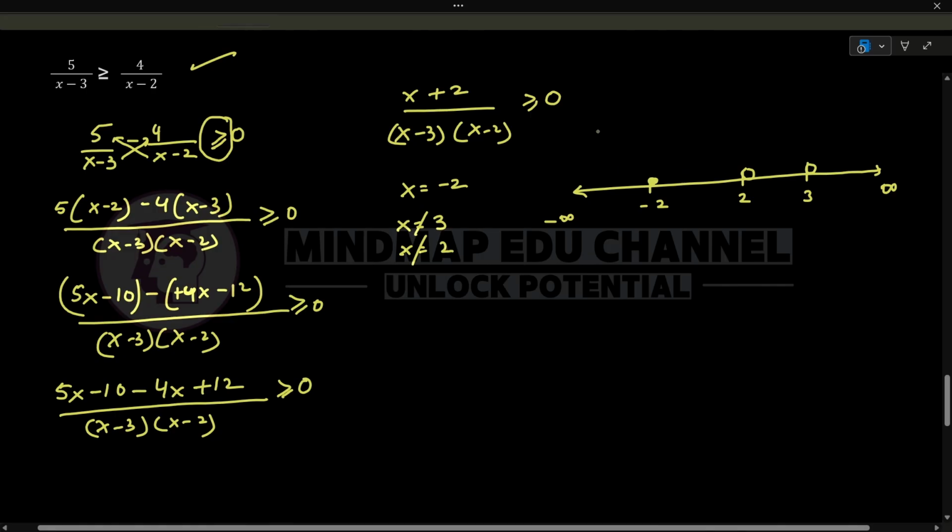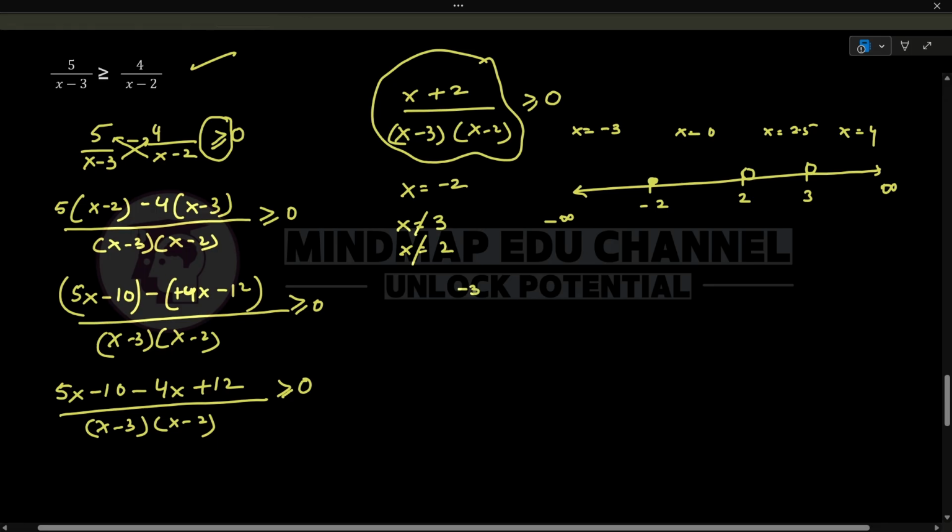Clear? Now let's check which section has positive or negative results. Here we will plug in a value less than minus 2, from here we will take 0, here we will take 2.5, and here let's take 4. So plug these values into the expression.